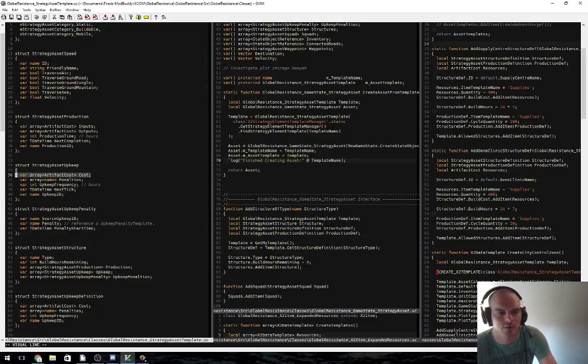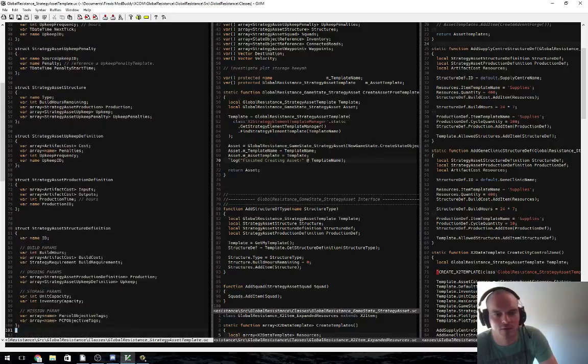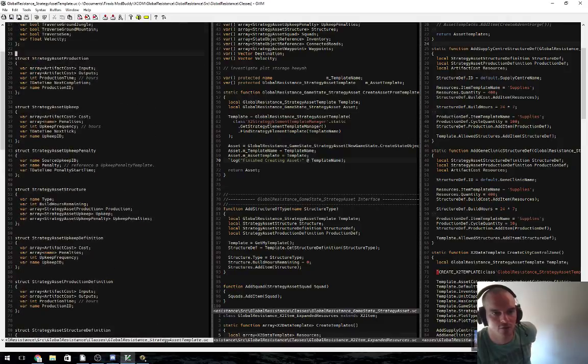So we've got this concept of upkeep, and we've got this concept of production, and these are used to keep track of them once they're set. And then we've also got upkeep definitions and production definitions, which will be used to set the baseline for various structures. The reason I did this, having definitions and then a lot of redundancy in the actual data representation that will go into the game state, is I want it to be possible for there to be modifiers on this production.